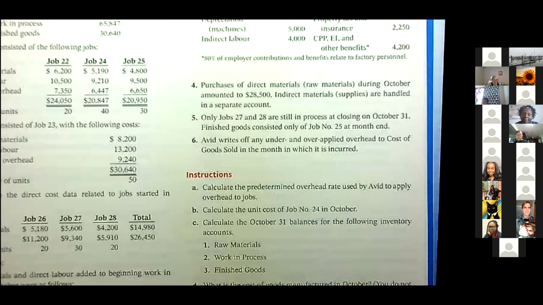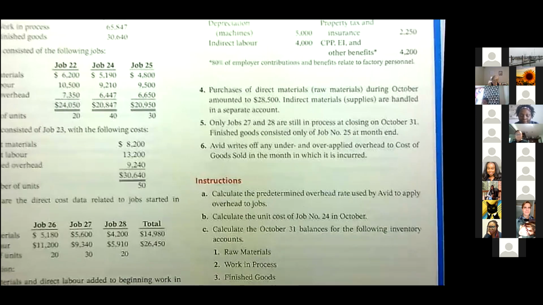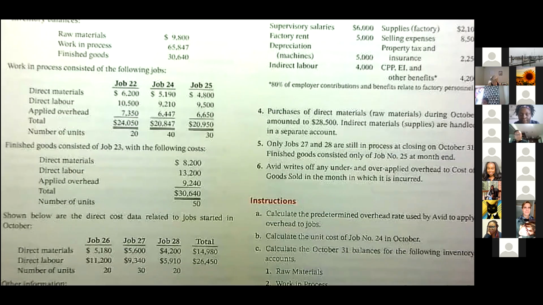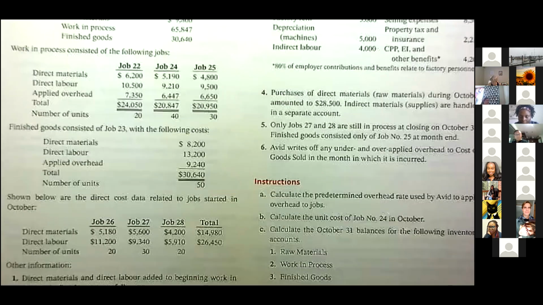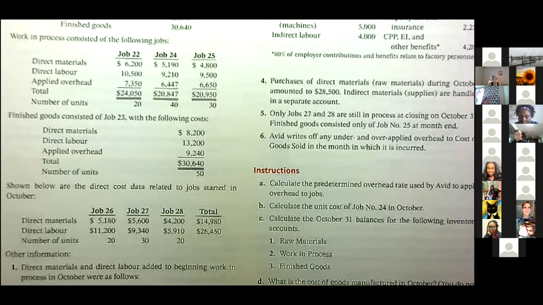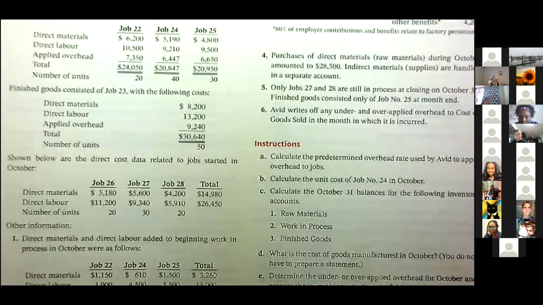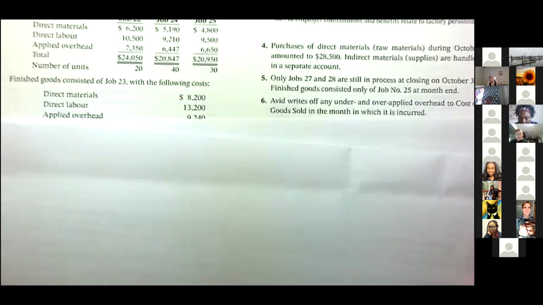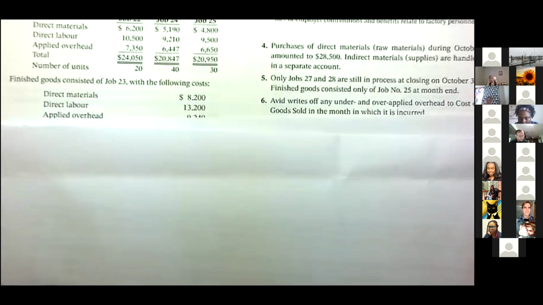So the first data that we have for work in process is the beginning work in process for job 24 in October, and then we add up the other data. Yeah, sounds good. Thank you. Okay, so now let's work on this together. Very good.